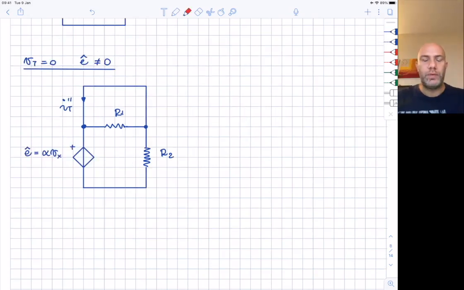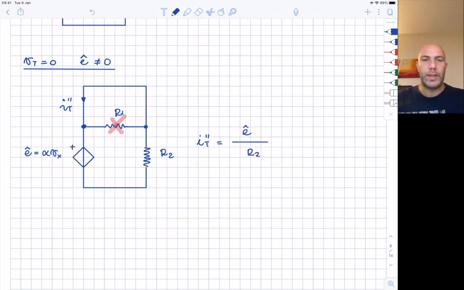If we switch off the test generator and we keep alive the dependent voltage generator, we are in this condition where we want to calculate the second contribution to the current IT. In this specific case, the resistance R1 is short-circuited, and the value of the current IT double prime is the voltage E of the voltage generator divided by the equivalent resistance at its terminals, R2.